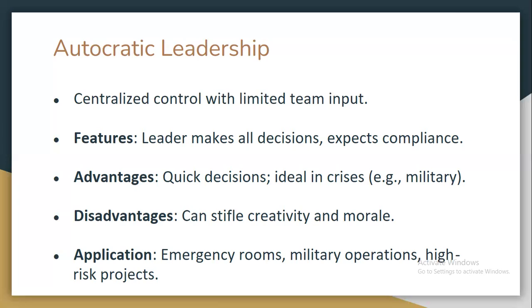Okay, so you realize that in the military, most of the times you'd see autocratic leadership style among the military men. Okay, so leaders are able to make quick decisions, and in times of crisis, you realize that they are able to yield results with this type of leadership.